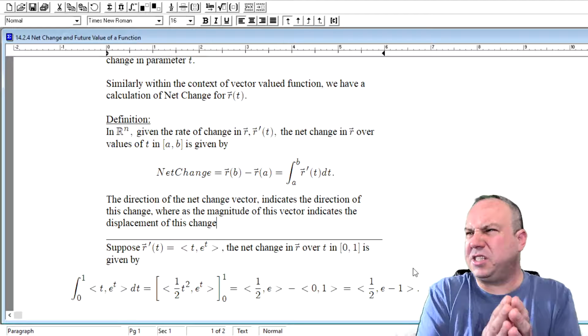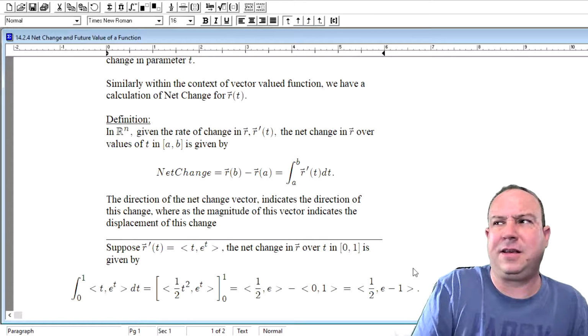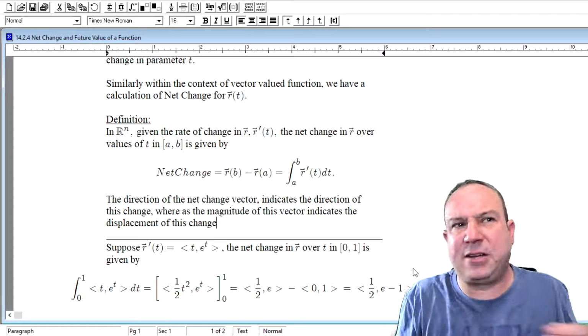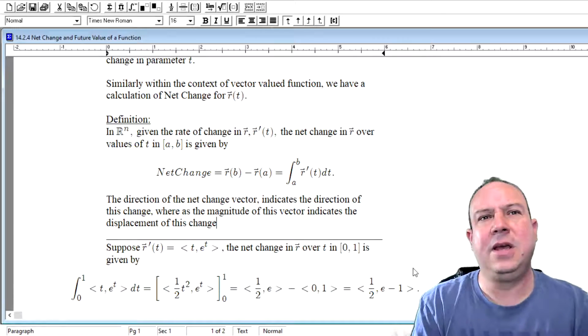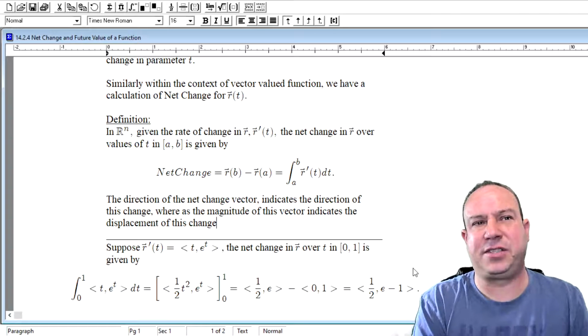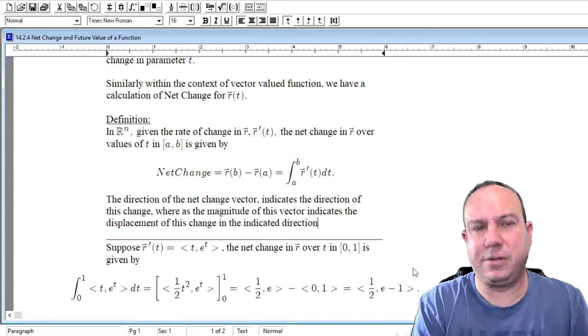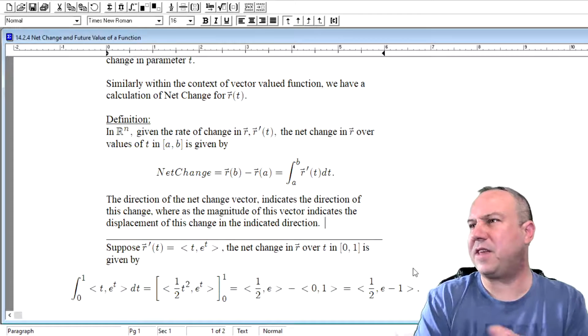How much does it displace by in terms of distance? So it indicates the displacement of this change in the indicated direction. All right? We'll say it that way.